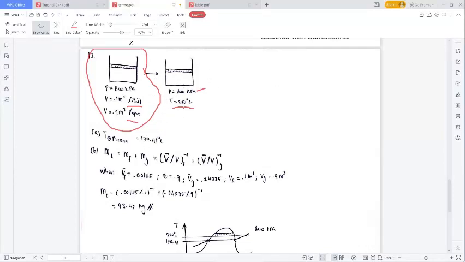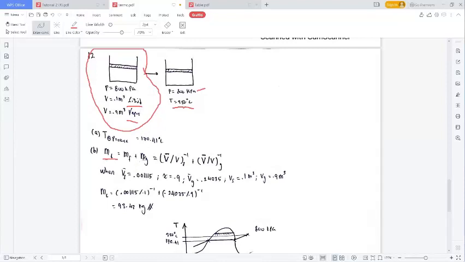The total mass, which is the unknown we want to find, is equal to the mass of water that is liquid plus the mass of water that is gas or vapor.